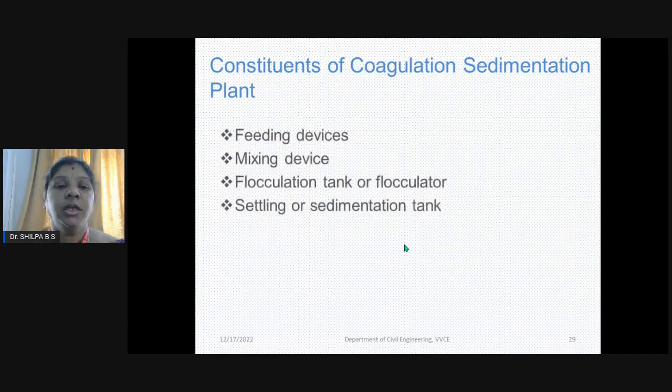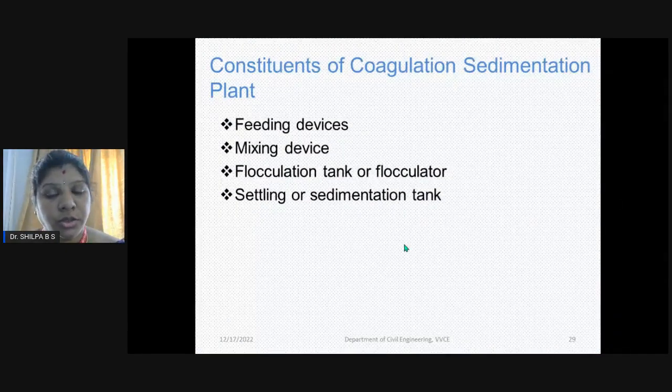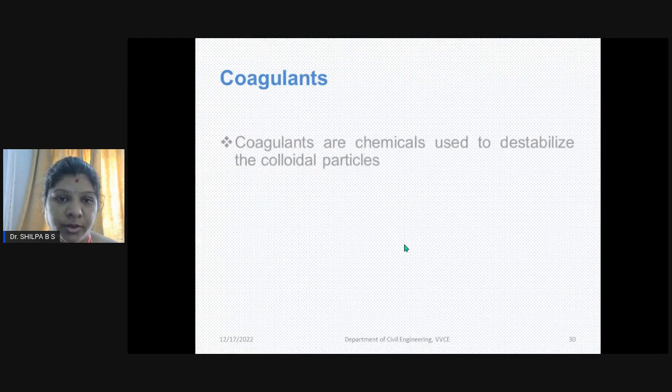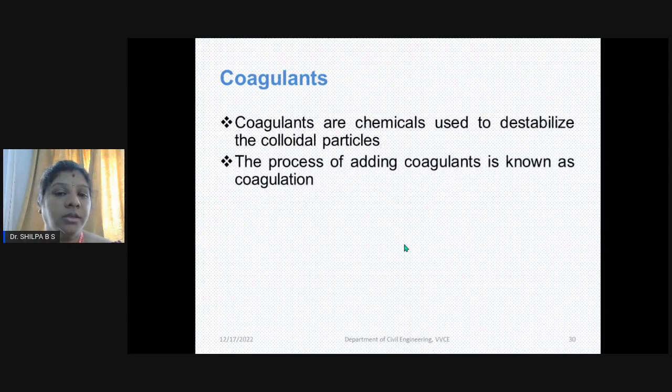So in general, the constituents that are provided in the coagulation sedimentation tank are these: feeding devices, mixing device, then flocculation tank, then the sedimentation tank. Coagulants are the chemicals that are used to destabilize the colloidal particles.